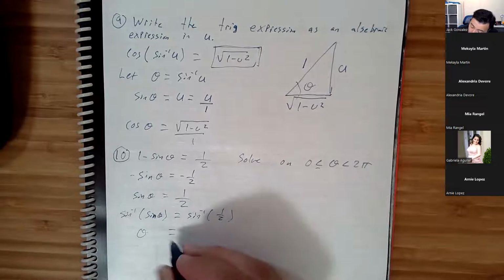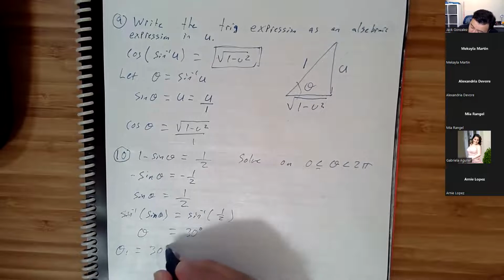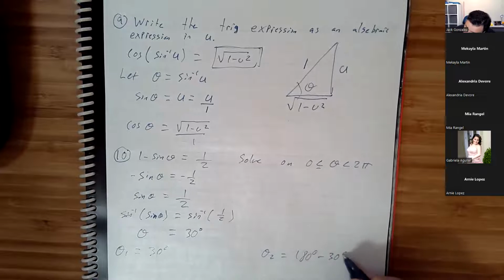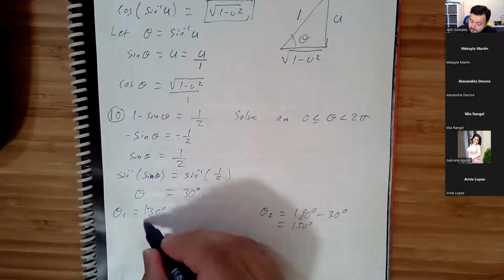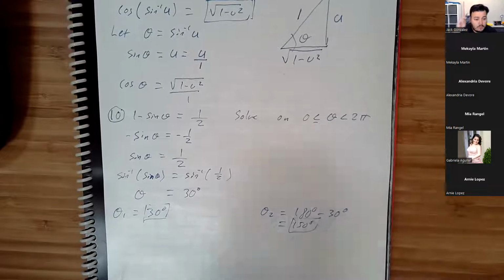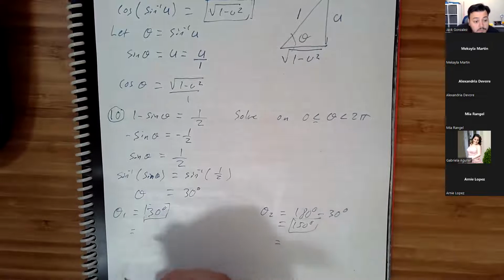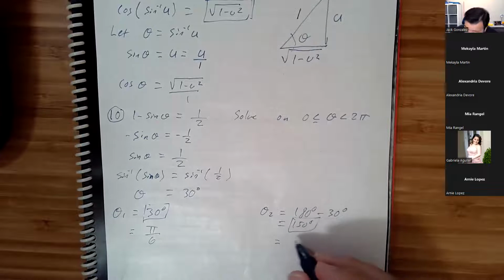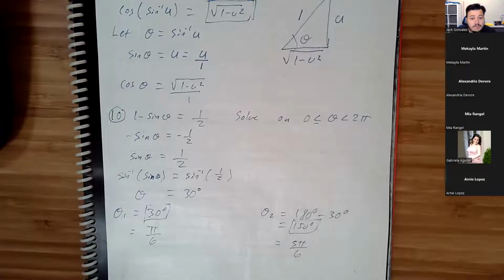30 degrees. But we said that there's two solutions whenever you do inverse. The second one is found by subtracting from 180. So we got 1, 2. But they have it in radians. So pi over 6 and 5 pi over 6. So just adjust using your circle or convert it yourself.